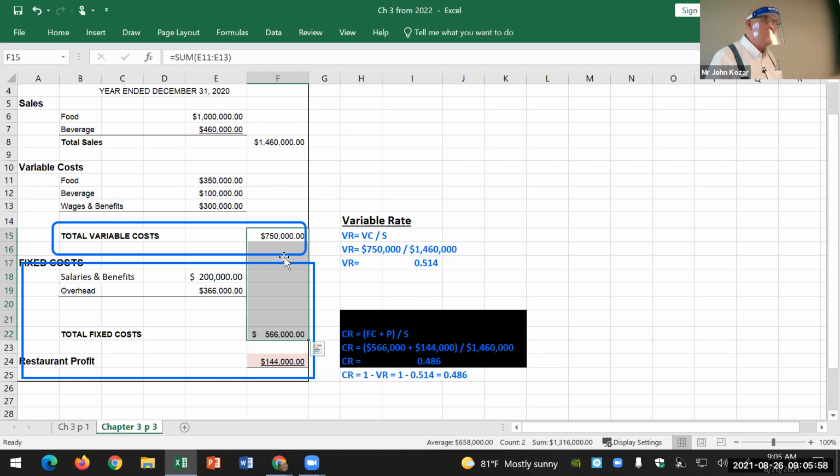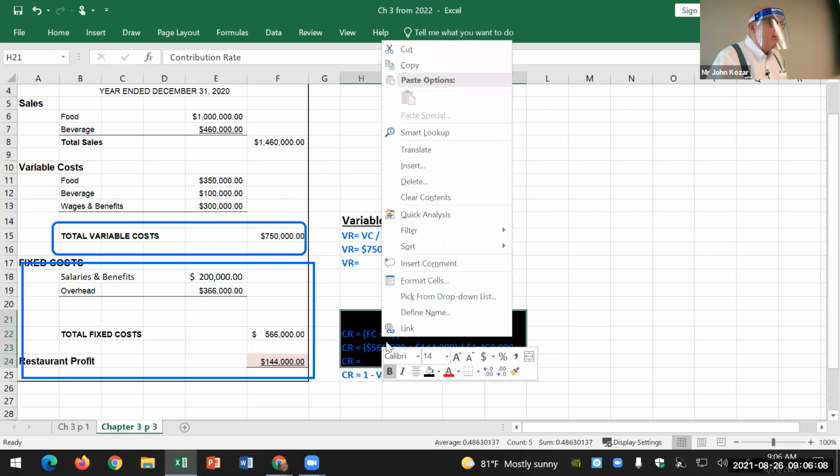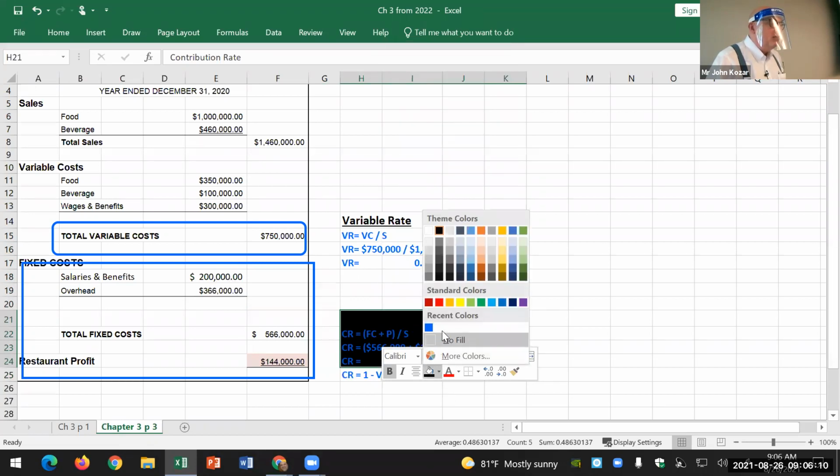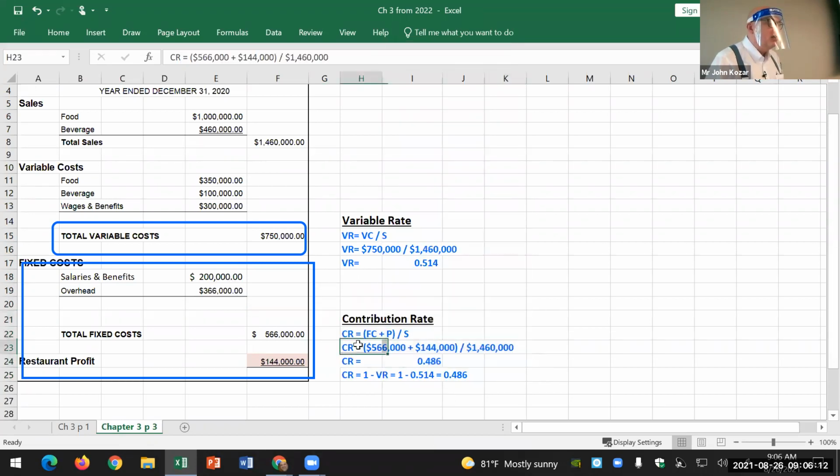Okay, we're going to do some examples with this. This formula is going to be a new formula for us that we're going to use a fair amount.